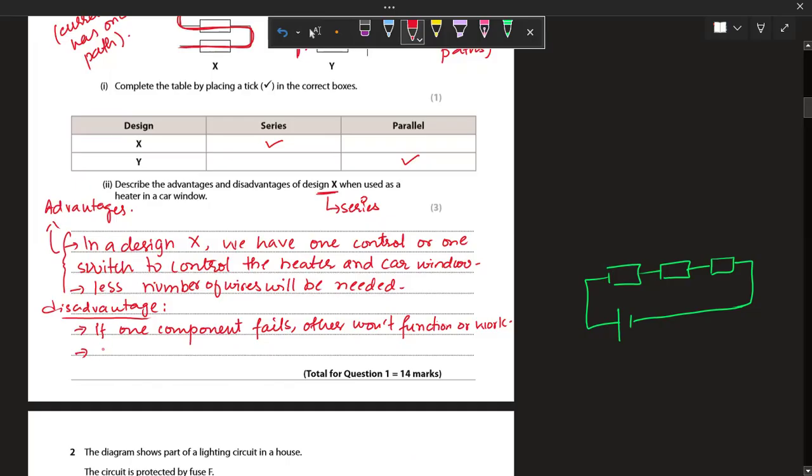No, right? So heater and car window cannot be controlled separately or independently.